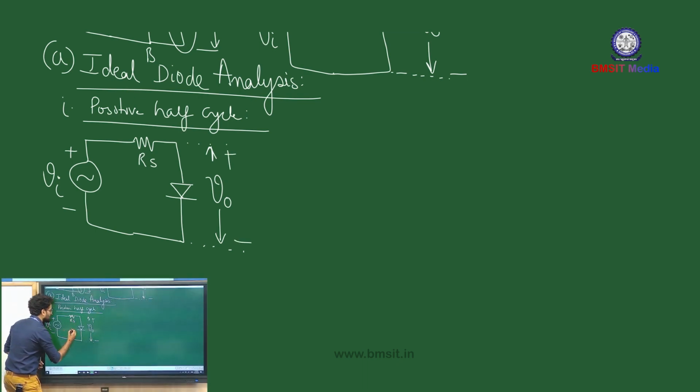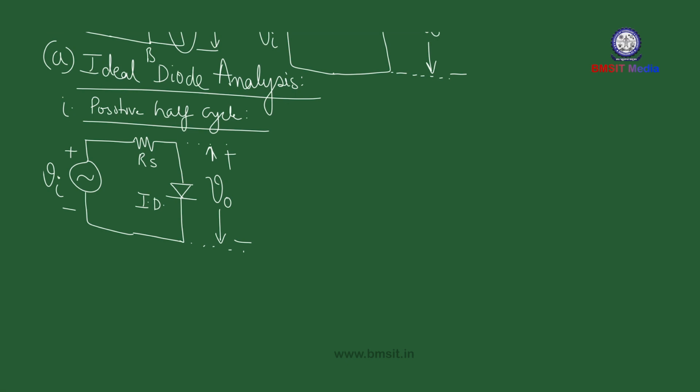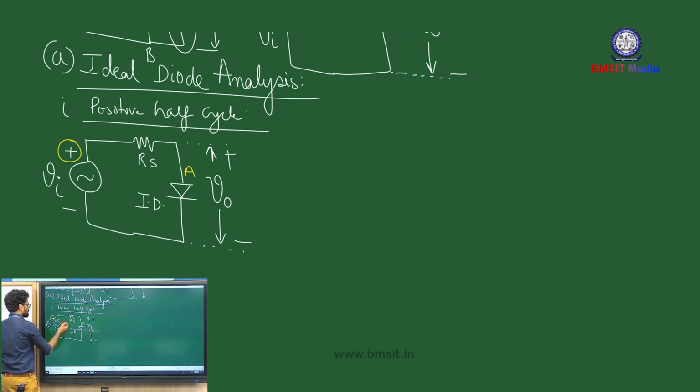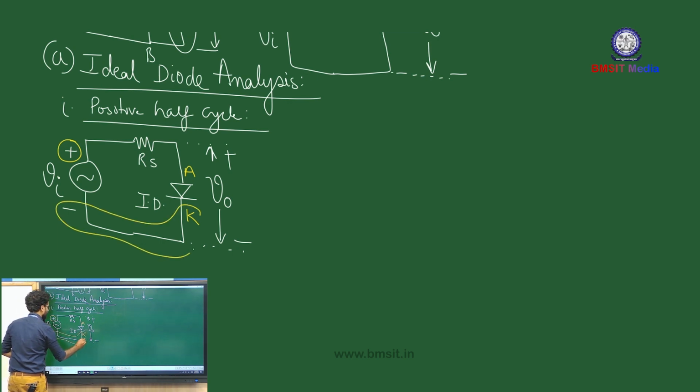In this case, as we are considering the diode to be ideal, I have represented it as ID. As you can see, the positive terminal of the source is connected to the anode terminal of the diode through resistor Rs, and similarly the cathode terminal is connected to the negative terminal of the source. So we can say that the diode is forward biased.